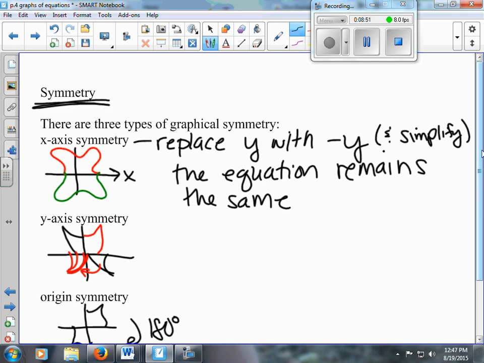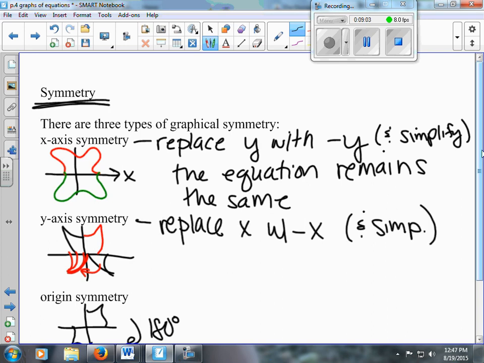For y-axis symmetry, it's the same idea. But on this one, we're going to replace x with negative x and simplify. And there, the equation remains the same. If the equation does not remain the same, then you do not have that type of symmetry.